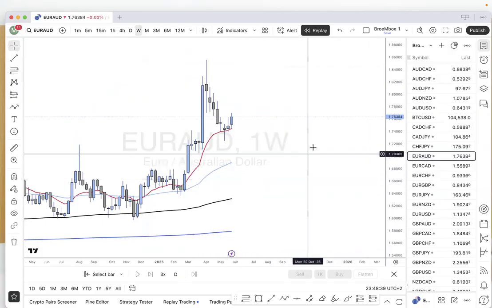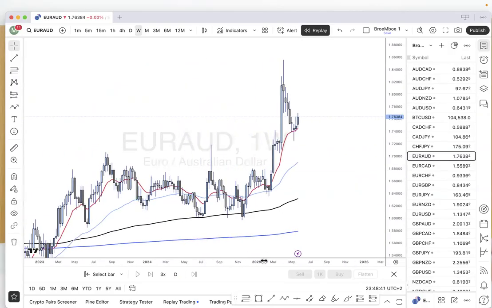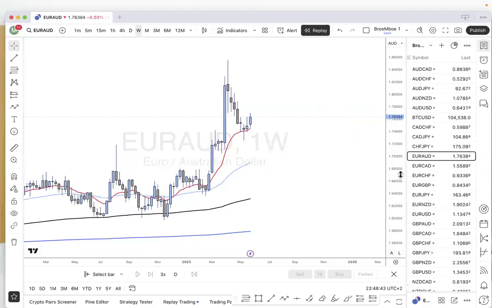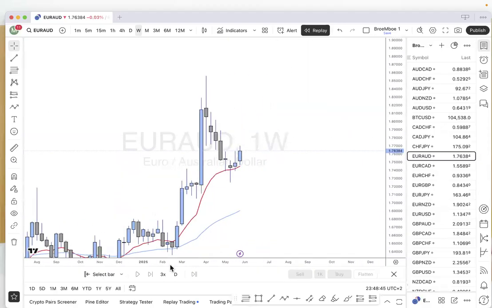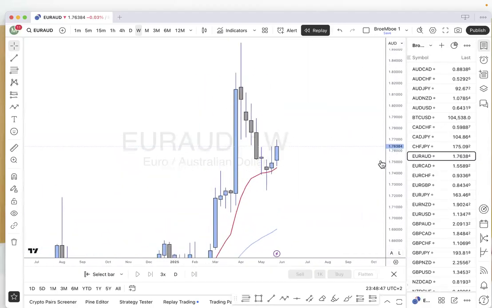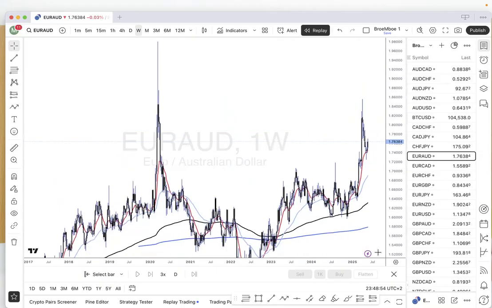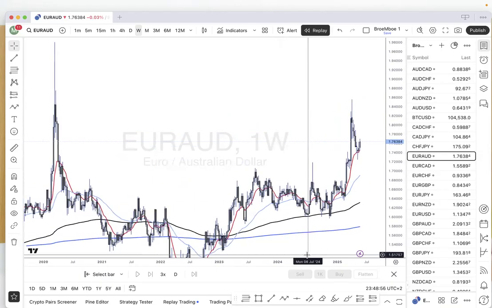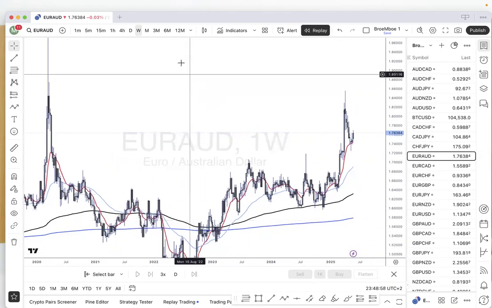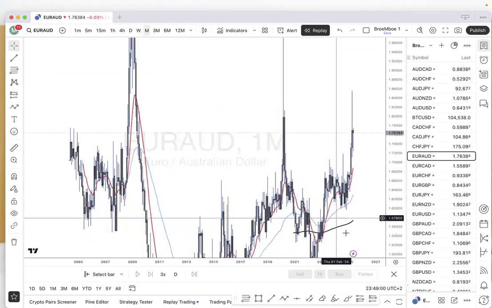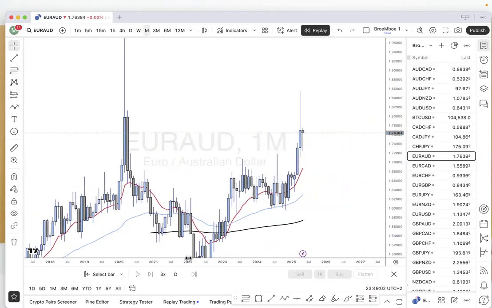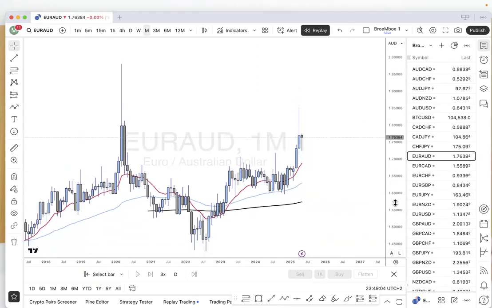Now, another pair that you can look out for this coming week is AutoArt. So I don't want to say anything. I want you guys to tell me what's going on. If you want to do this all the way from the monthly time frame, that's up to you. But I want you guys to tell me what's going on. Tell me what you see.